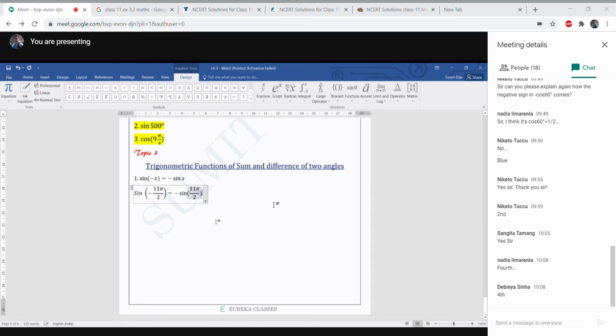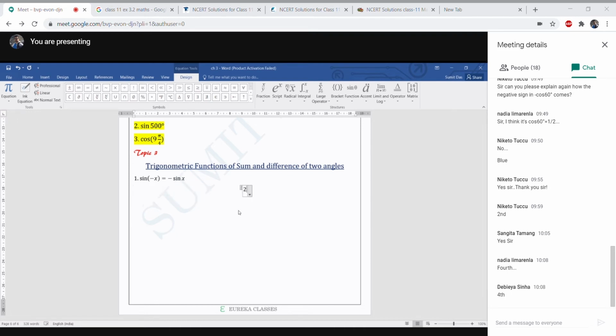Understood? You can directly write it, then solve the 11 pi by 3 and find the value. So this is the one question.